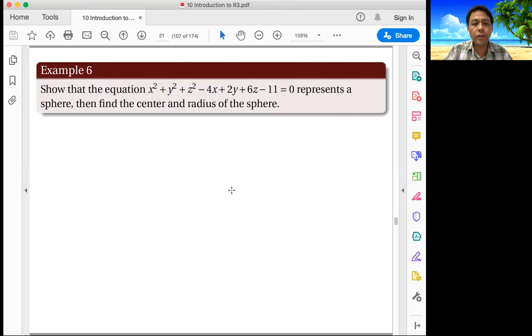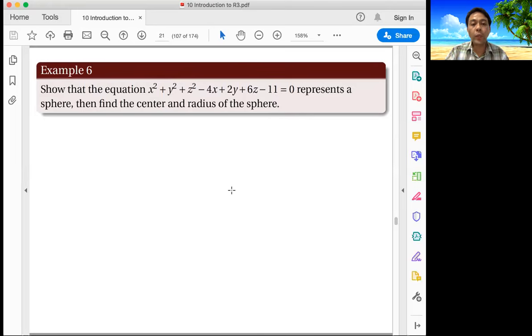Show that the equation, as on the screen, represents a sphere. Now take note that the equation given is not in the center radius form.